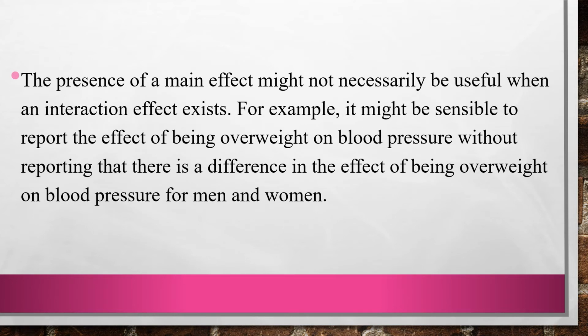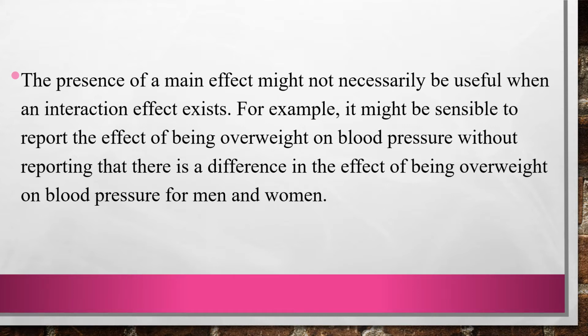The presence of a main effect might not necessarily be useful when an interaction effect exists. For example, it might not be sensible to report the effect of being overweight on blood pressure without reporting that there is a difference in the effect of being overweight on blood pressure for men and women.